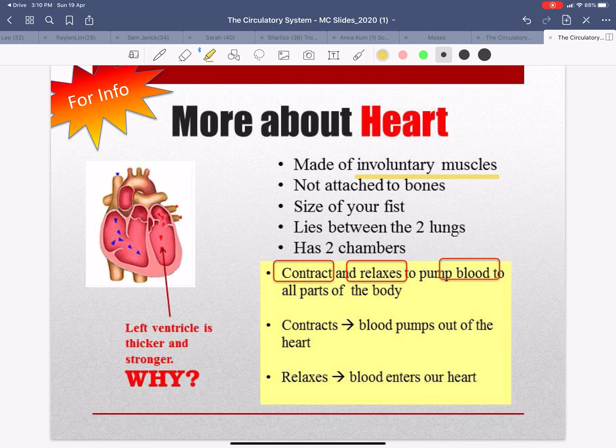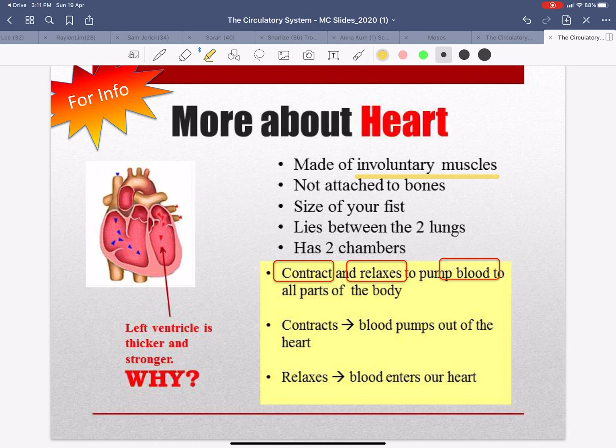At the same time, you cannot stop your heart from pumping either. If it were voluntary and you could stop your heart from pumping anytime you want, it becomes a very dangerous situation whereby you could actually just drop dead, because there is a lack of blood flow around your body.